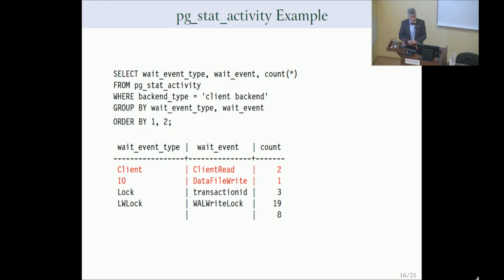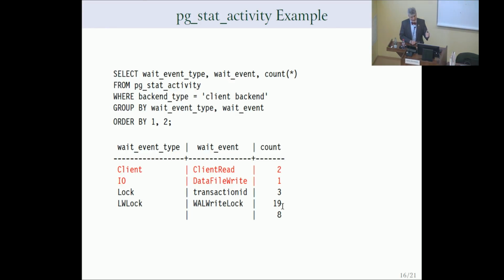So here's how you would use this tool. Up at the top, we have a query. The query is querying pg_stat_activity. pg_stat_activity is the name of the system view. And down there at the bottom, in black, it tells you that we have three sessions waiting on a transaction ID lock, and 19 of them waiting on a WAL write lock.